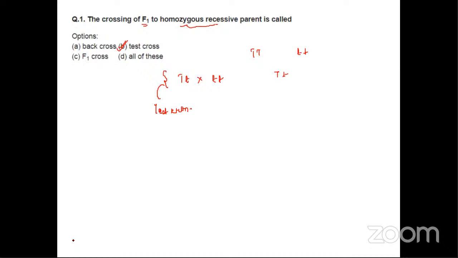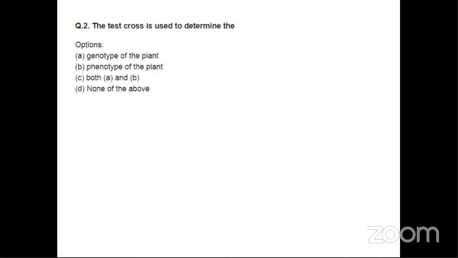Correct answer, Darshini. Very good. Very good, Mahek. Very good, very good. Right. 1:1. Chalo, next question. A test cross is used to determine what is the use of a test cross.